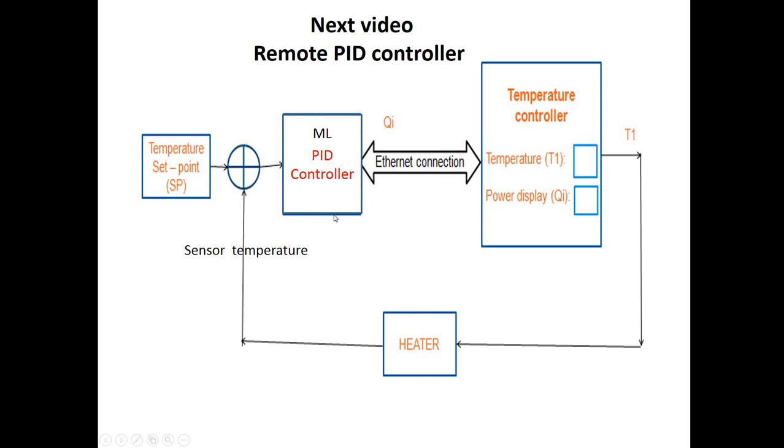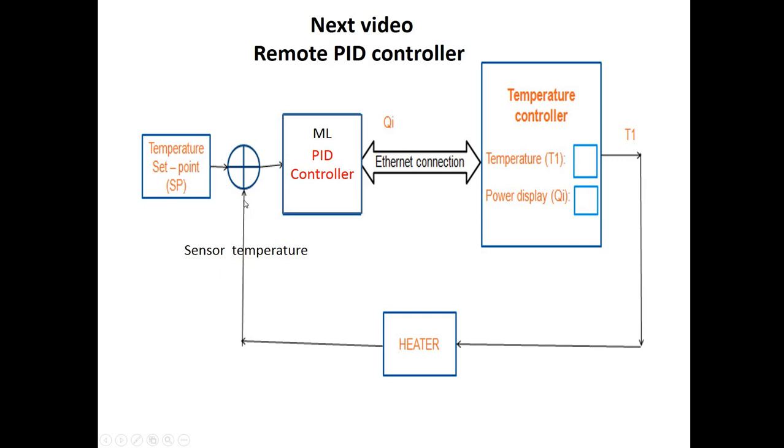So this is going to be a machine learning PID controller. This will be a PC connected to Ethernet, and it will be going through a temperature controller. It's exactly like the earlier diagram, except that it is sitting in a far off place, and also it's a machine learning PID controller, and the heater temperature is coming back, and SP is here.